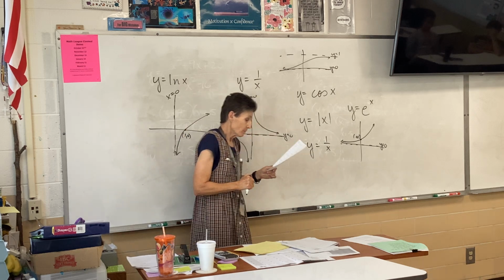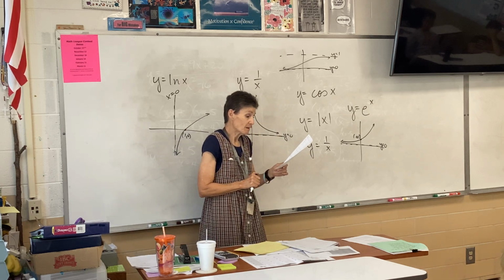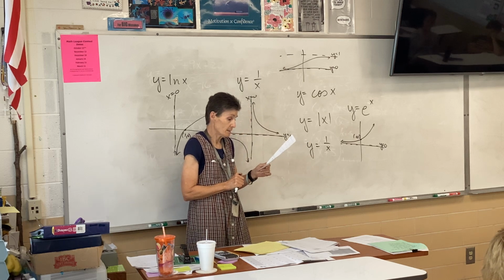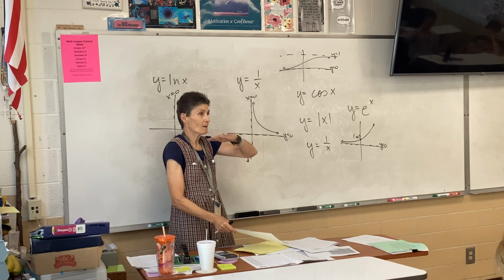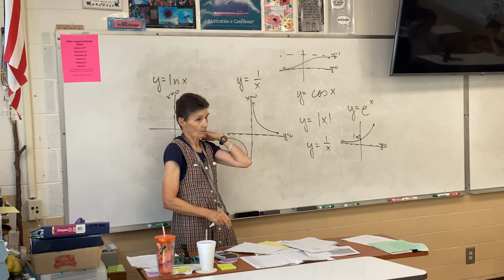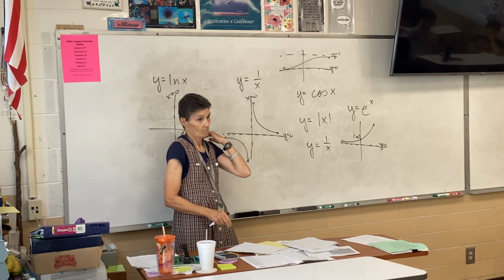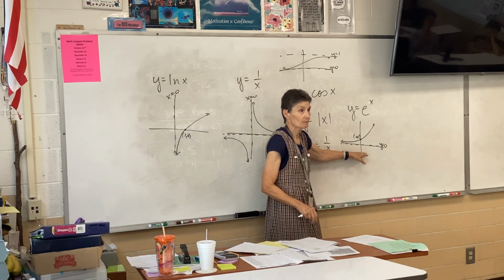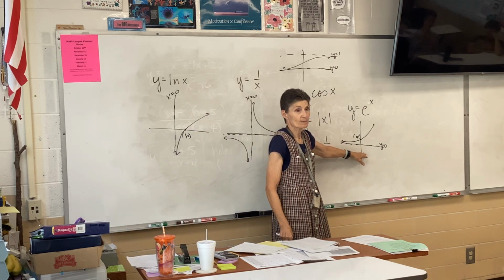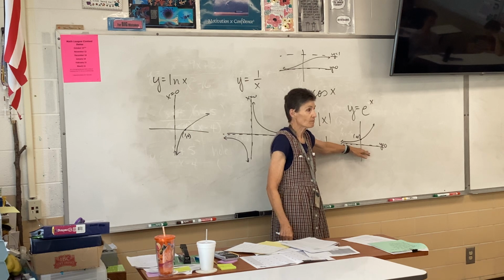All right, B. Name a BFF that is bounded below and has no zeros. So bounded below and has no zeros. We got one up here. How about this guy? Is he bounded below and has no zeros? Yeah, he has a 4.